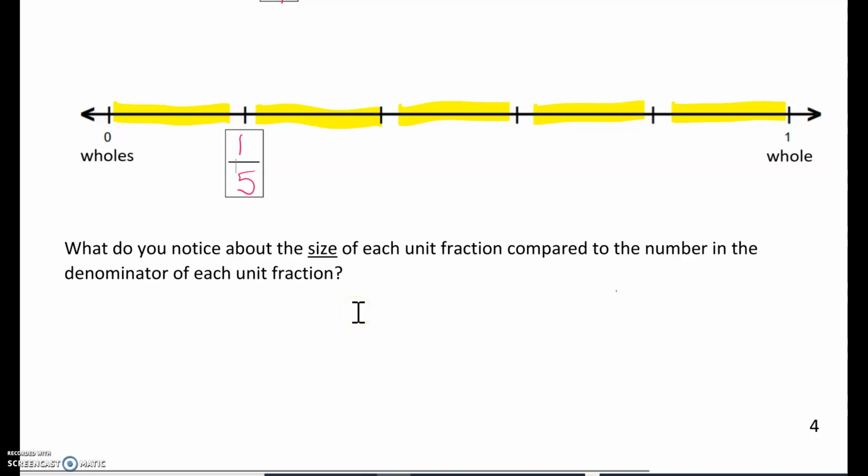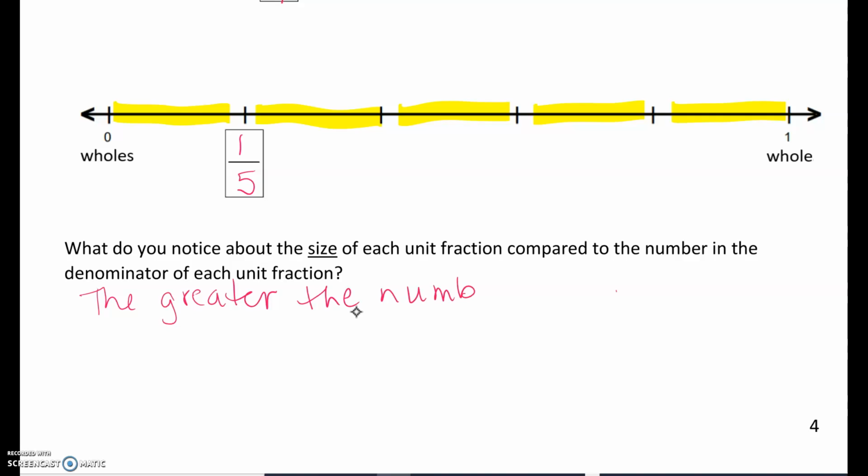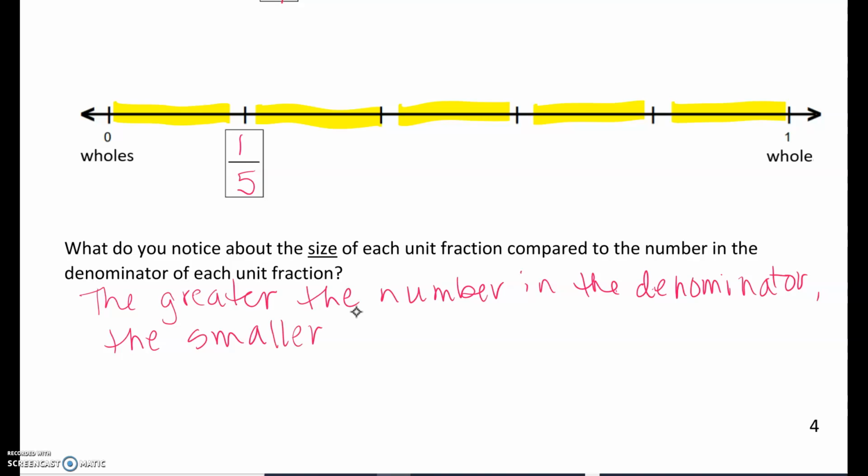So you can say the greater the number in the denominator, the smaller the size of the unit fraction.